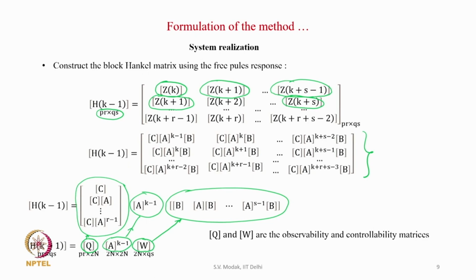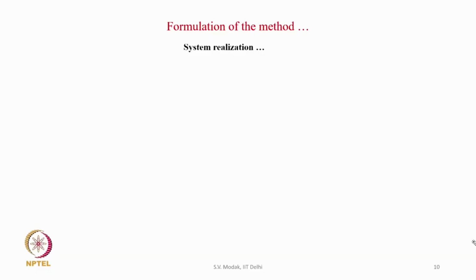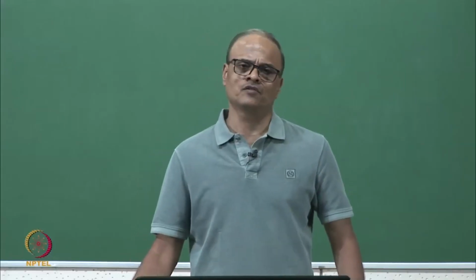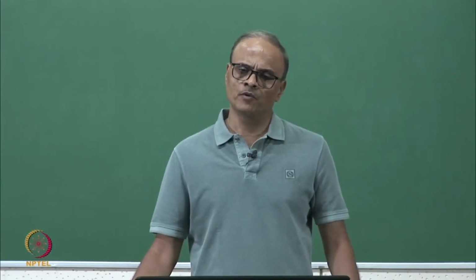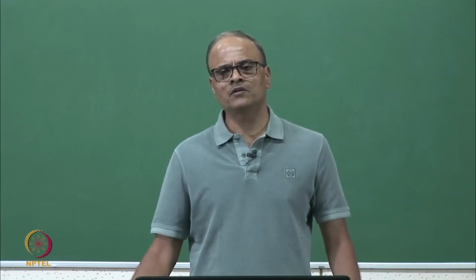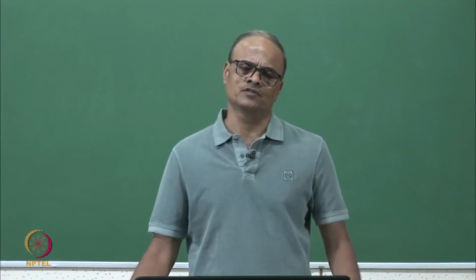Now, the next question is, how do you realize this matrix A using this block Hankel matrix? That is something we are going to study now. From the block Hankel matrix, it is seen that there could be infinite realizations of the state matrix which may reproduce the free pulse responses, but which one is supposed to be the true representation of the system?